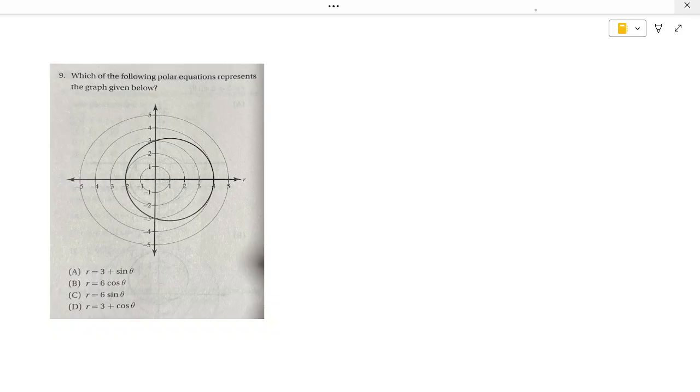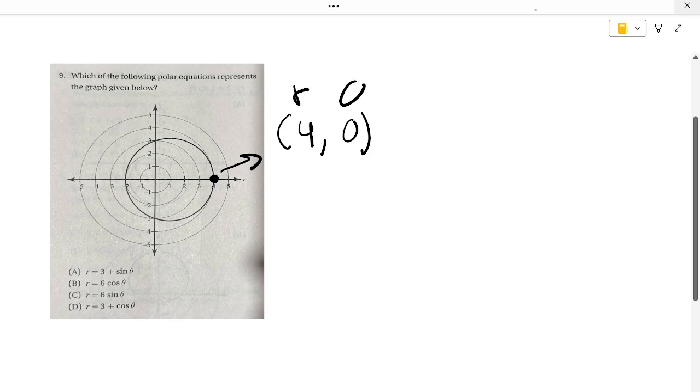Okay, so here's how you go about tackling these problems. The key is to use a point on the polar curve to identify some point where you can see the theta and the r. So for example, here we have (4, 0). This is our r value, and this is our theta value.